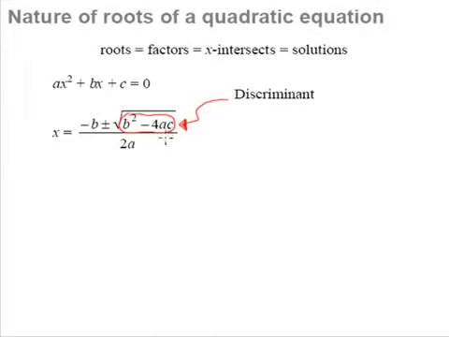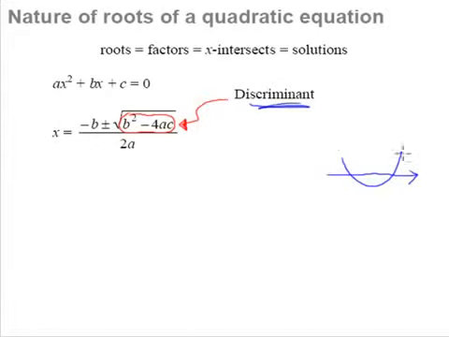Because this number b squared minus 4ac is so important, it has a name. We call it the discriminant. Now, as you may know, your quadratic equation can look like this with respect to your x-axis. The horizontal line here is your x-axis.